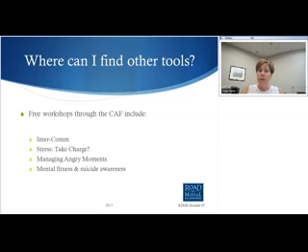It isn't in the scope of the R2MR training to be able to cover all of the great information that is out there. So on this slide, I have listed the national programs, so Intercom, Stress Take Charge, Managing Angry Moments, the Mental Fitness and Suicide Awareness Program, but I would encourage you to modify this slide and add some of the unique workshops that you provide at your local MFRC.